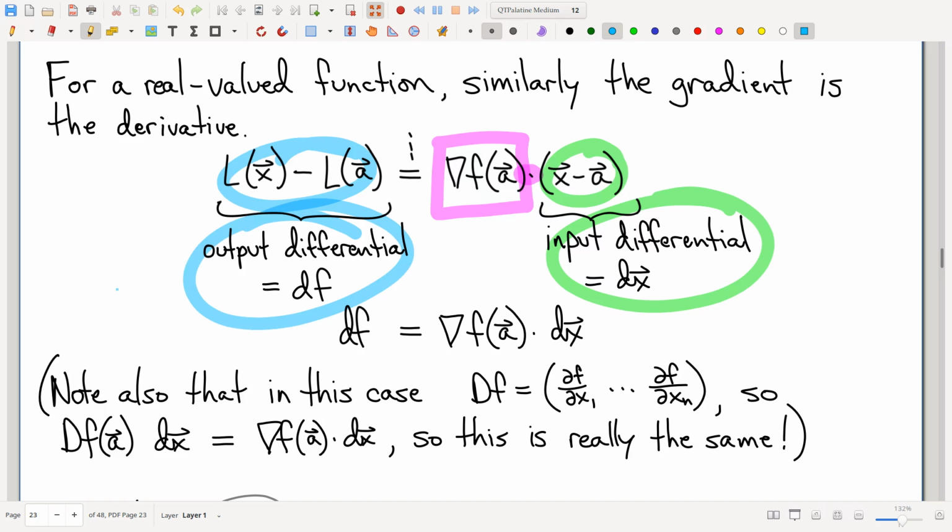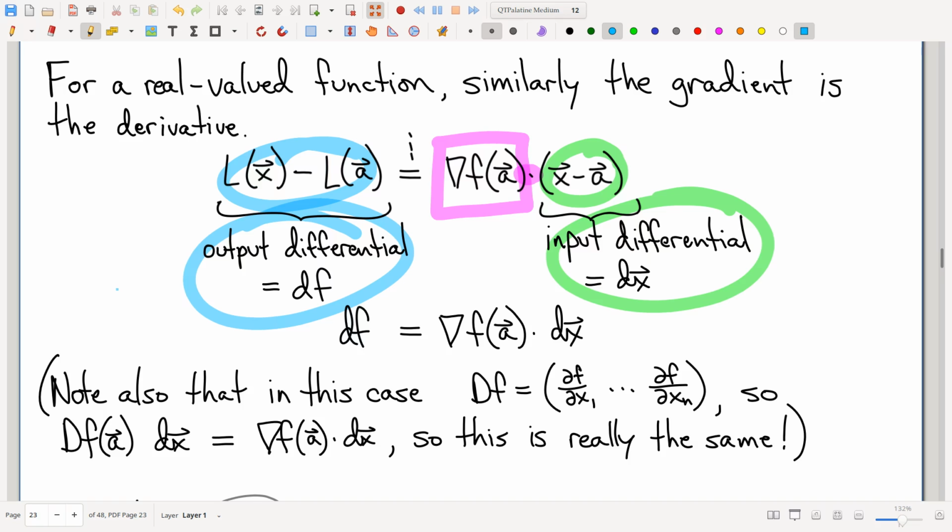Is it the gradient? Do I have to use gradients for the real valued case and DF matrices for the vector valued case? And the answer is use whichever one you like in any situation where it makes sense. This only makes any sense at all for the real valued case.